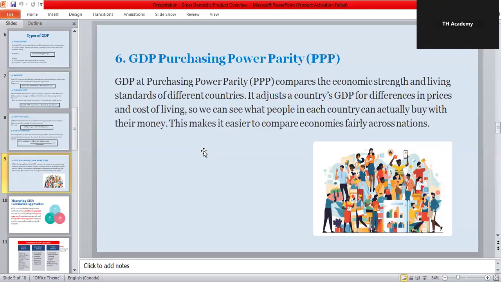It shows how much people can actually buy with their money. For example, $1 might buy more food or clothes in the USA than in China. So purchasing power parity helps make that comparison fair and realistic. It's one of the best ways to compare living standards around the world.